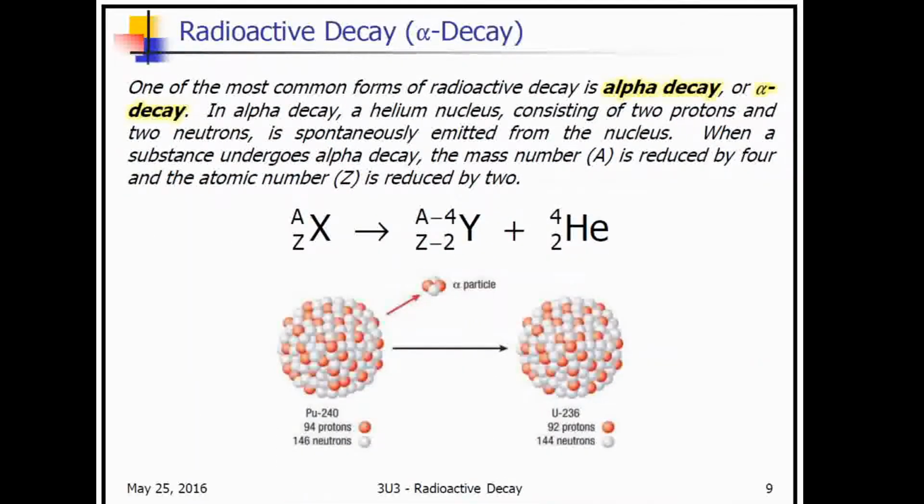So alpha radiation is the emission of an alpha particle. And the alpha particle, you can see that big He, is actually a helium atom.